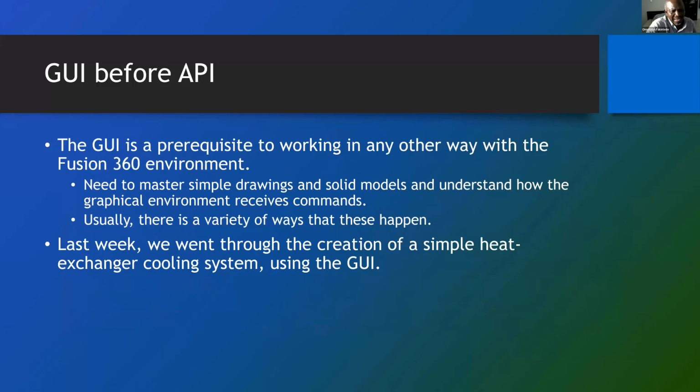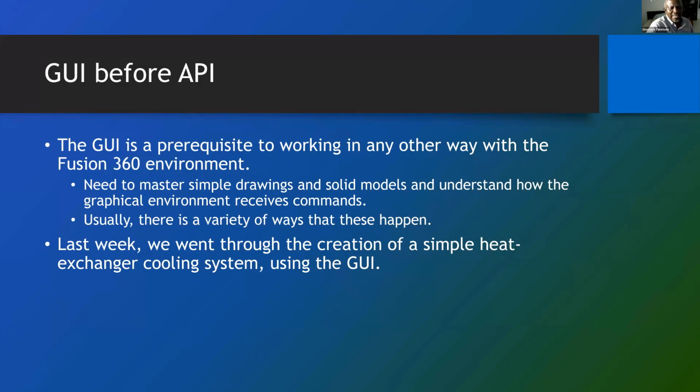You need to master simple drawings and solid models and understand how the graphical environment receives commands. So there is no need going to the API if you do not have some basic skills in the GUI at first. Usually there's a variety of ways this can happen, but you need to master simple drawings and solid models and understanding how the graphical environment receives commands.